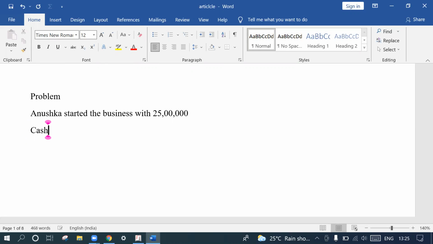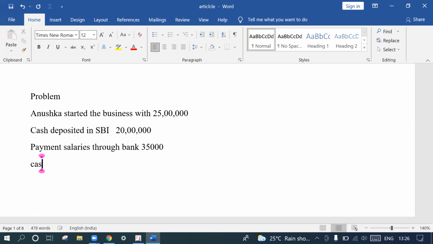Cash deposited in SBI, rupees 20 lakhs. Payment of salaries through bank, rupees 35,000.